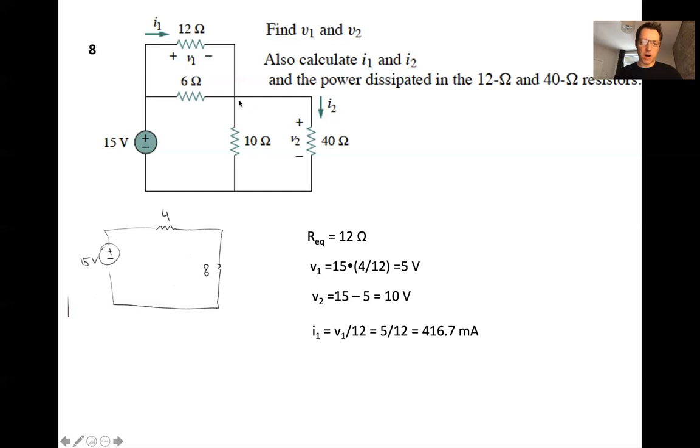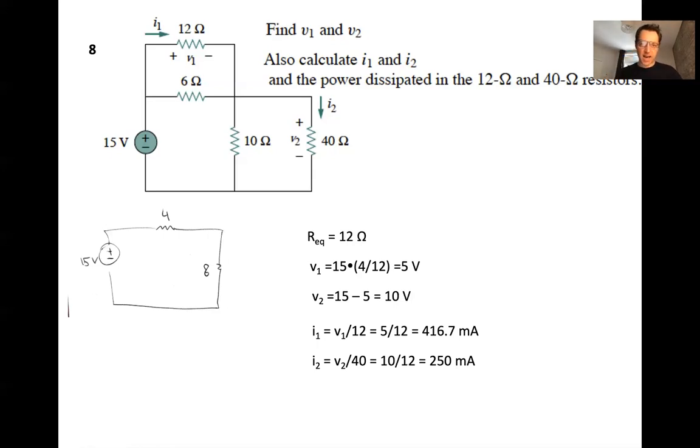Now, what about I1? Well, I1 has to equal V1 divided by 12. We know that V1 is equal to 5. In other words, I1 is equal to 5/12 of an amp, which is approximately 417 milliamps. Similarly, I2 is equal to V2, 10 volts, divided by 40 ohms, which is 1/4 of an amp, or 250 milliamps.